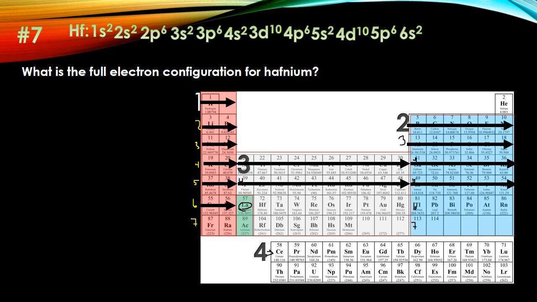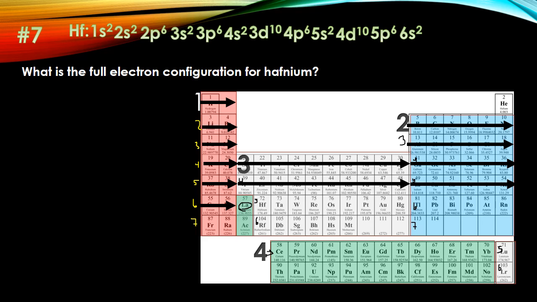And since you can only have 14 elements in the f block, that only takes us to there. So Lu is part of the d block. So this is 4. This is where 5 would start. And then 6. Another way is I could think of it as 5 and 6 for the d block.